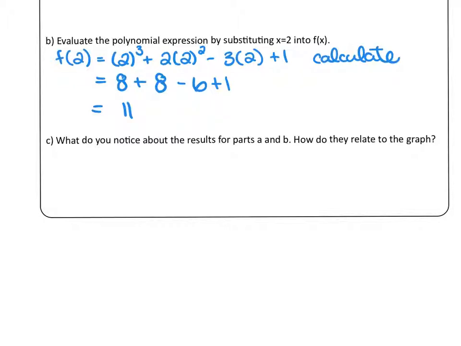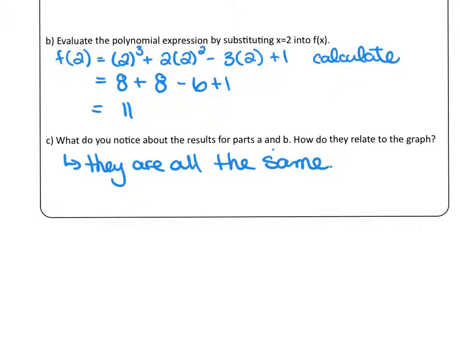What do you notice about the results for parts A and B? How do they relate to the graph? I hope you notice they are all the same. And they should be. You should get the same answer whether you do a graph and trace it or find the value of it.